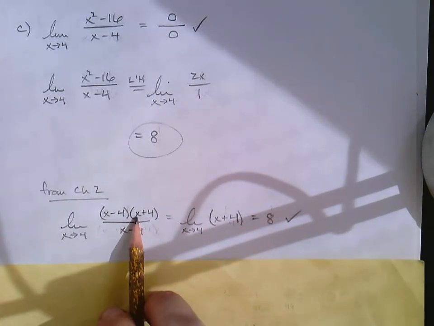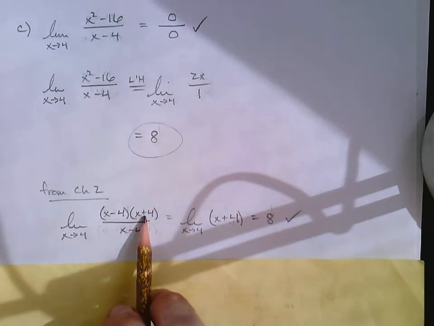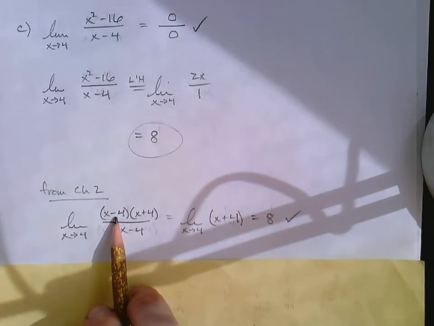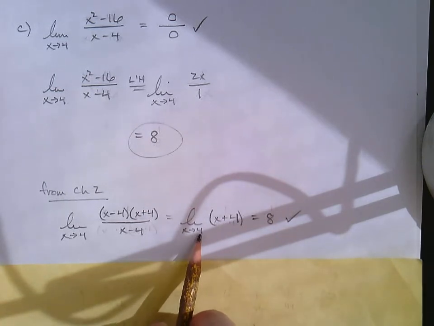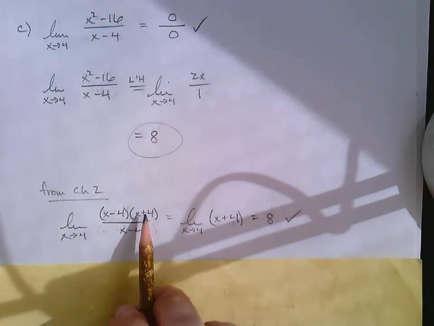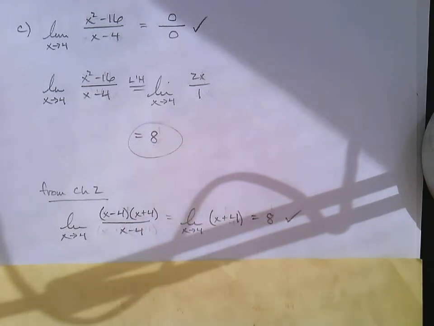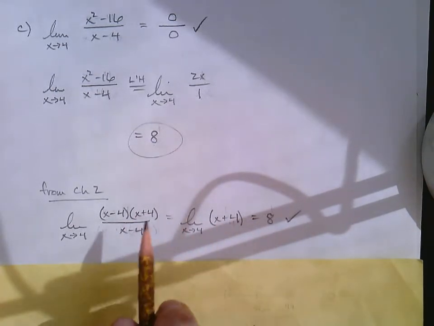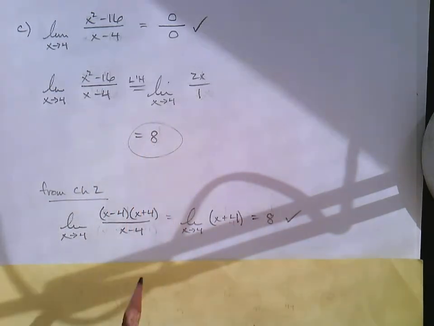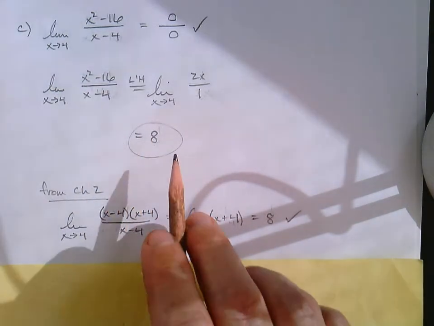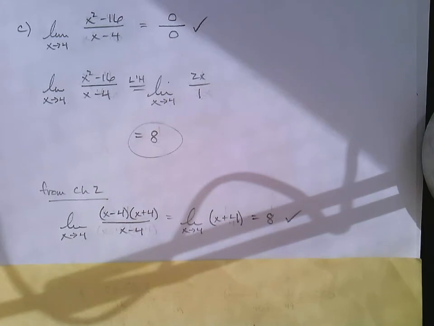If we had factored the top, x minus 4 times x plus 4, then we can cancel the x minus 4s, and the limit as x approaches 4 of the remaining x plus 4, well, we would get 8 that way as well. I don't know if one way is faster than the other. Actually, probably this original way was faster. But L'Hopital's rule still works because it was still indeterminate.